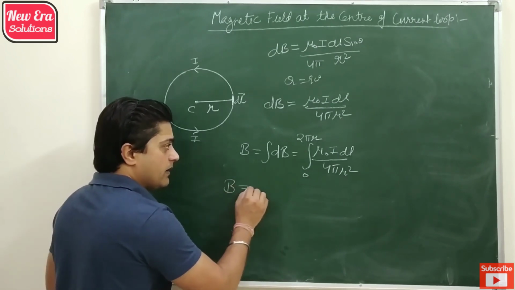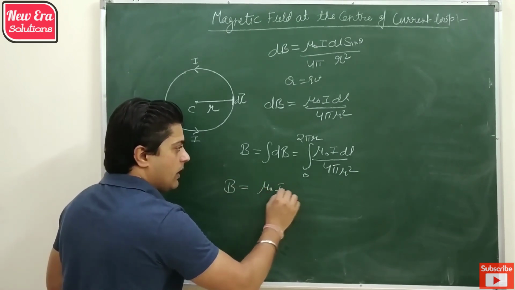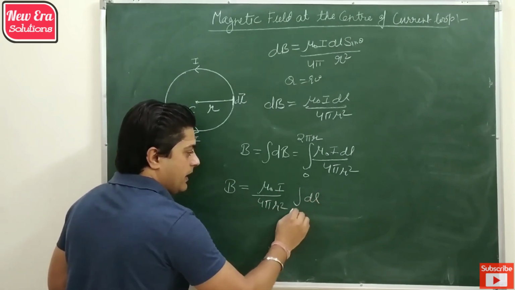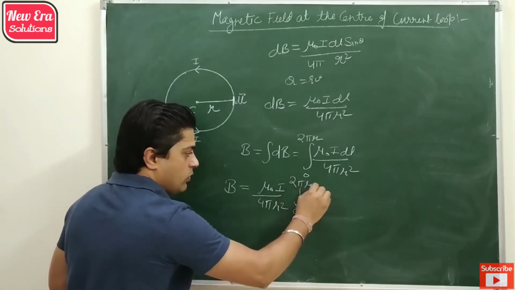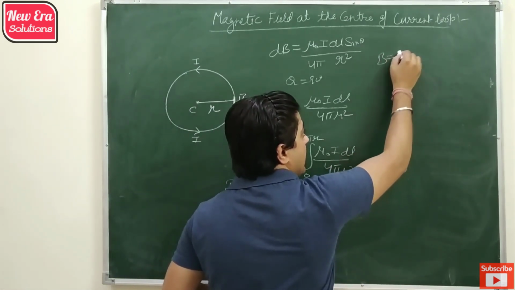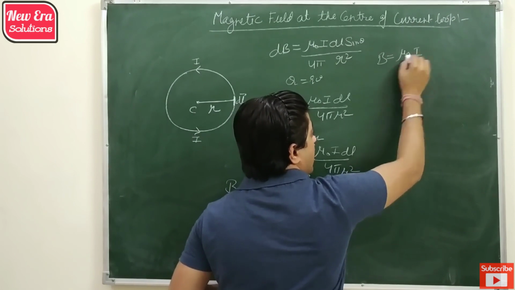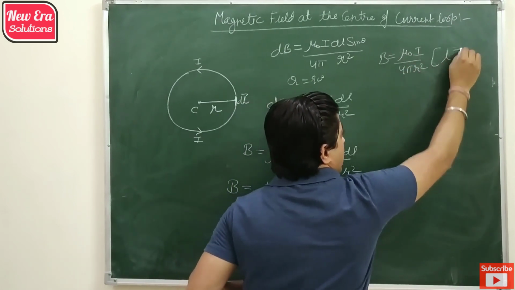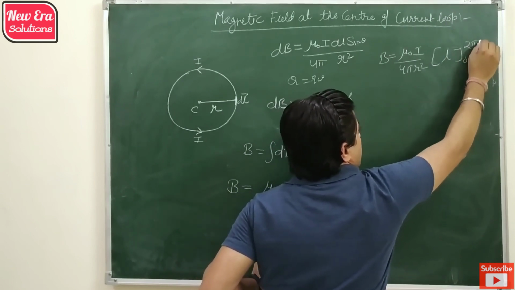So the magnetic field is equal to mu naught I by 4 pi r square, dl integrated from 0 to 2 pi r. Now from the integration we get B is equal to mu naught I by 4 pi r square, dl becomes L, limit 0 to 2 pi r.